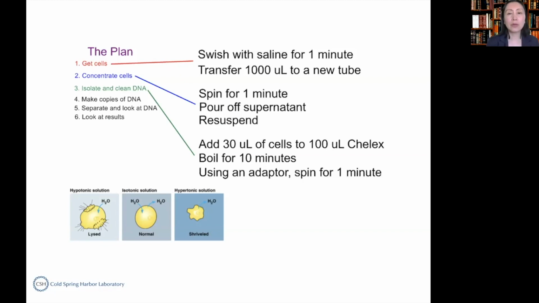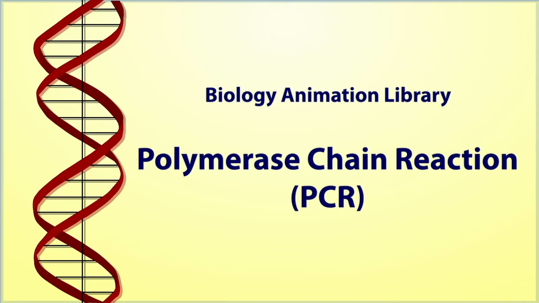And through boiling and spinning, we extracted DNA and purified it for the next step. The next step we need to do is use the polymerase chain reaction method to amplify that specific piece of DNA around the specific region we're interested in studying.